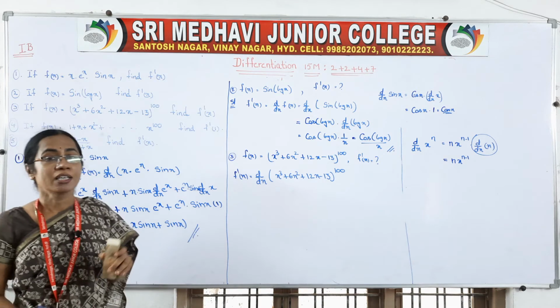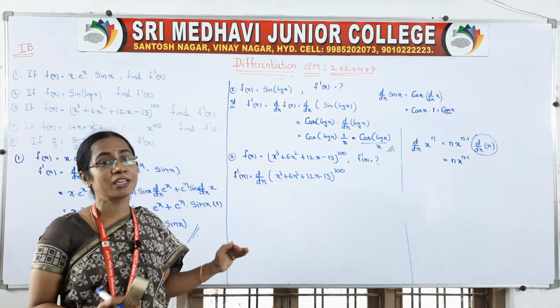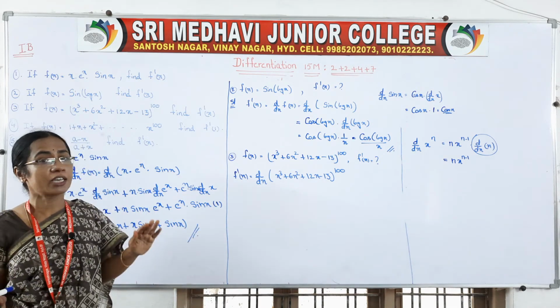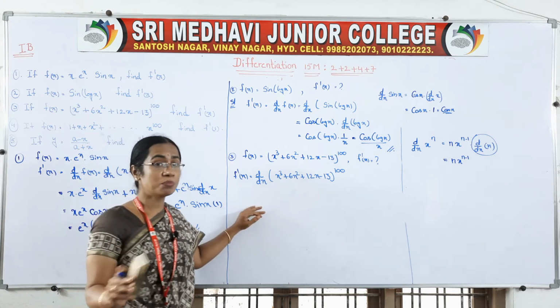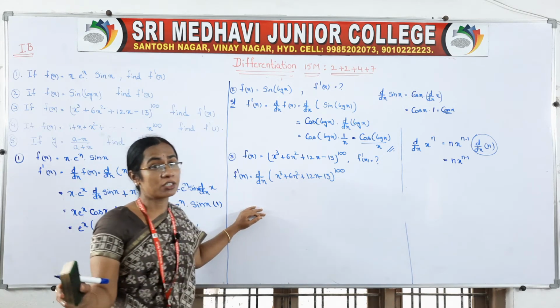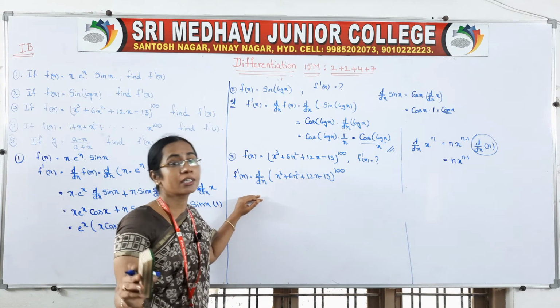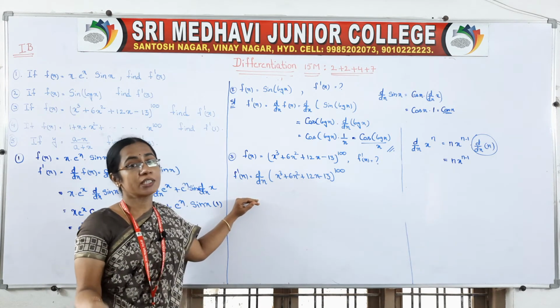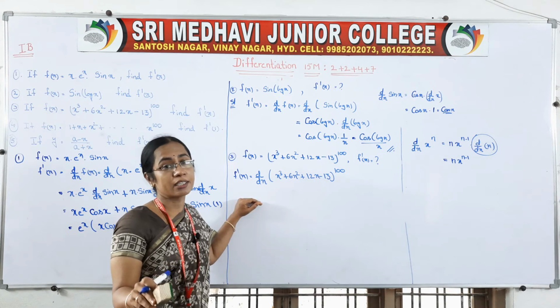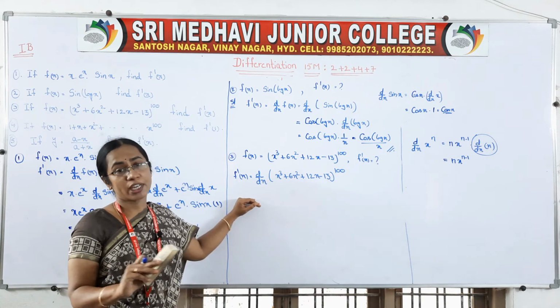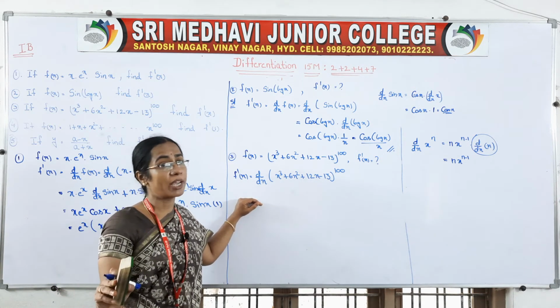Be clear. These are the basics you are learning. Differentiation is an entirely new topic and it comes throughout your studies. So if anything is not clear, once again you watch it and get it clear there only. Okay, don't take the values blindly, don't learn mathematics by heart.